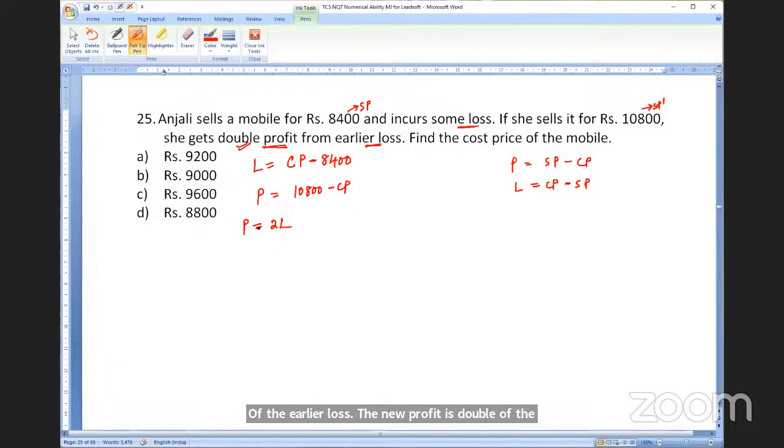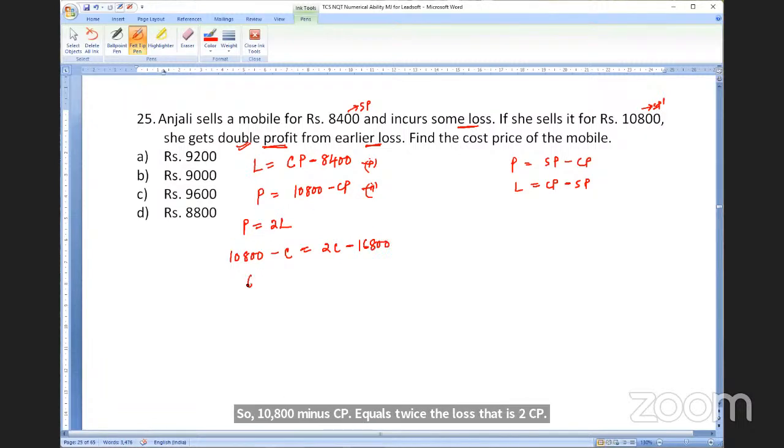If we fit this with equation 1 and equation 2 in P equals 2L, by solving, we can find the value of cost price, isn't it? So 10,800 minus CP equals twice the loss, that is 2 CP minus 16,800.